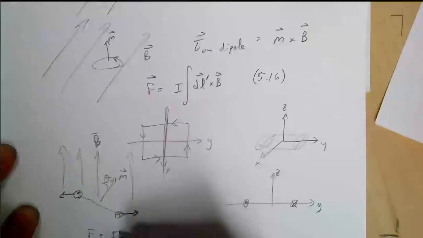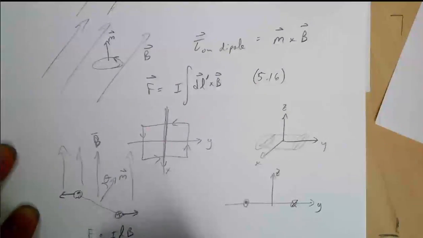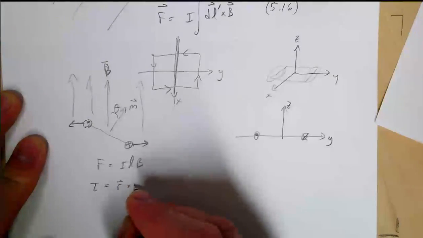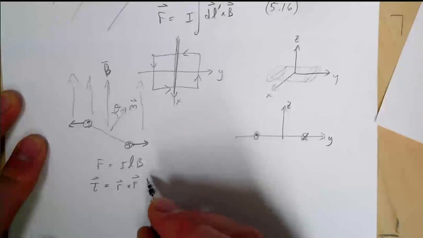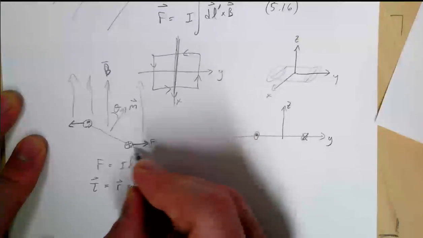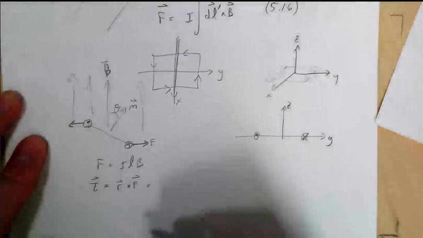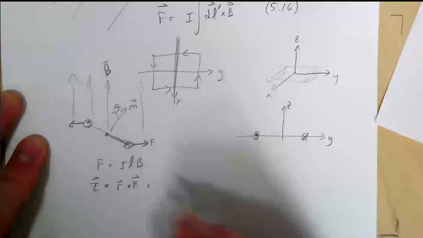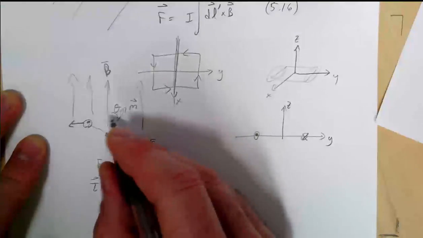So the force is equal to I L B, and if I wanted to compute torque, that's equal to R crossed F. If you get your sign convention right, you could say that for the force on this wire, I want the sine of the angle between the vector that connects between here and here, and F. That's the same angle as this angle here.